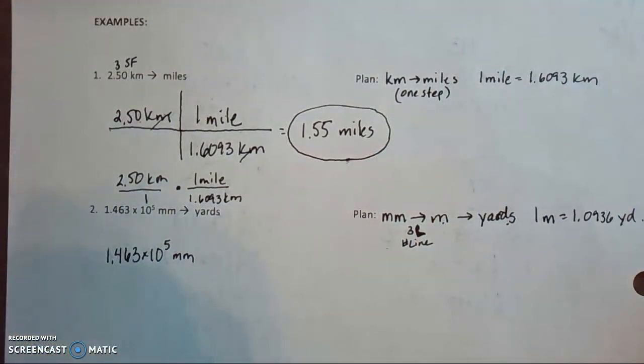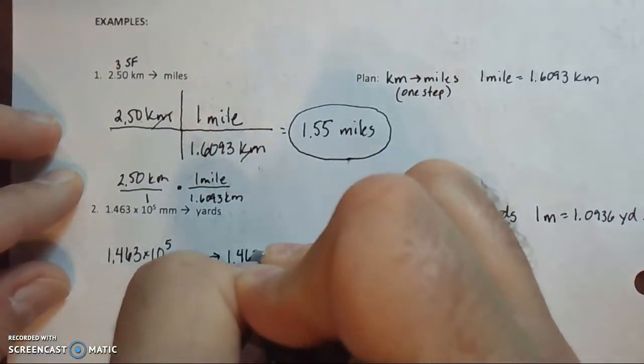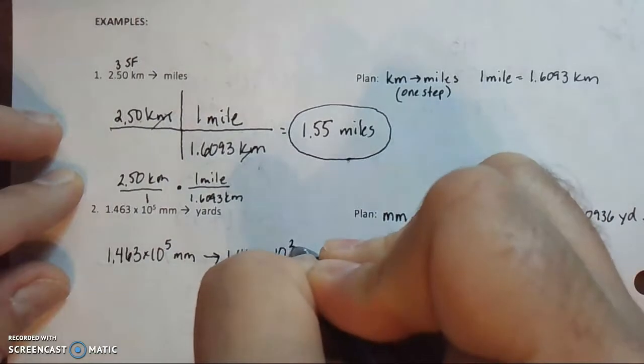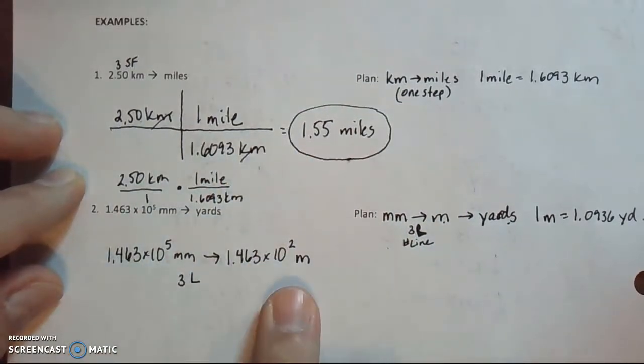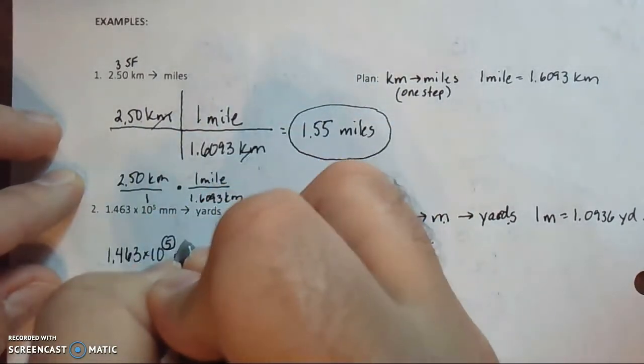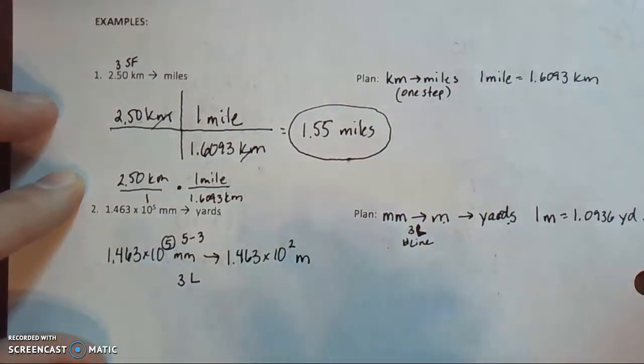So we moved 3 left on the number line, so we have to subtract. So that becomes 1.463 times 10 to the second meters. That was my first thing, 3 to the left, to convert this. So this 5 minus 3 gives us our 2.